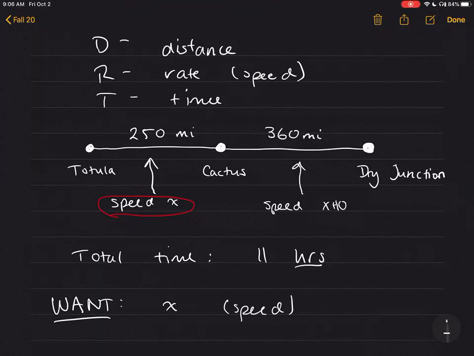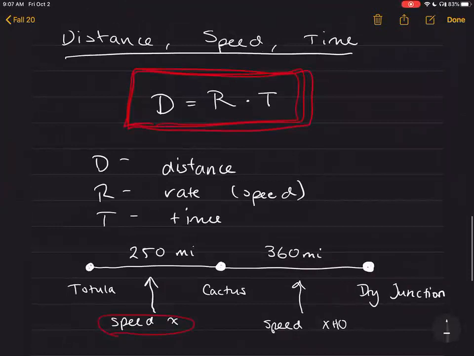You may have noticed right off the bat that unlike simple interest problems, these can be a little trickier in the sense that we're not just plugging numbers into this equation. More like the equation is a good tool to translate between speed and distance and time.